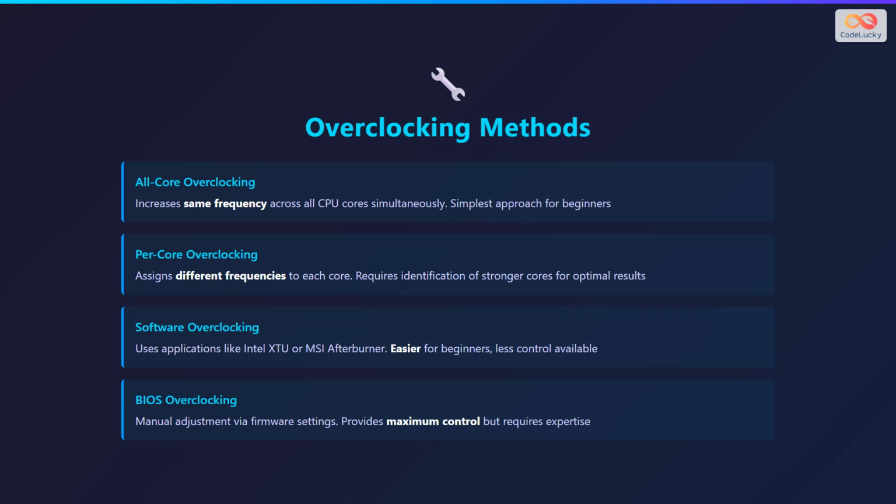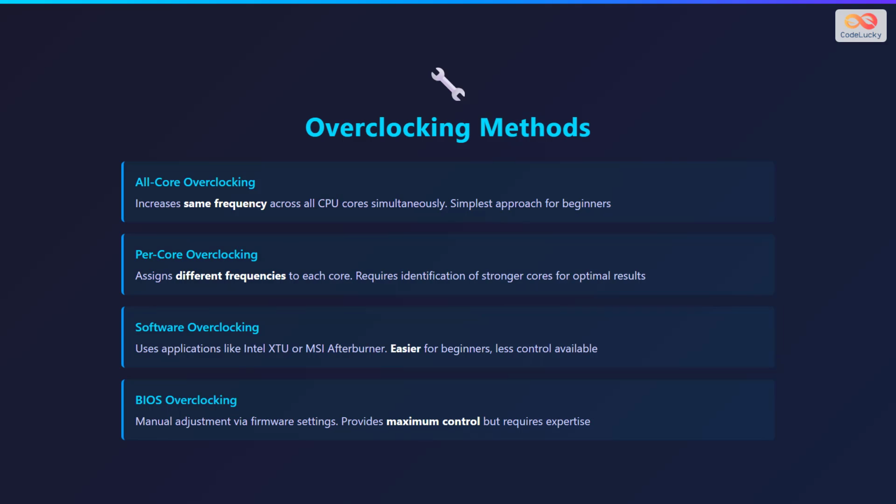There are several approaches to overclocking your CPU. All-core overclocking is the simplest method, where you increase the same frequency across all processor cores simultaneously. This is ideal for beginners. Per-core overclocking is more advanced, allowing you to assign different frequencies to individual cores to optimize performance based on each core's capabilities.